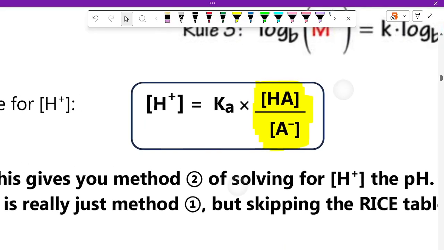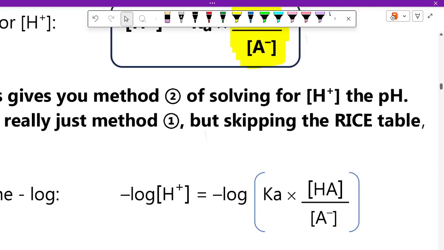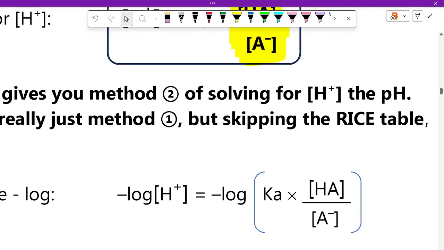Now, if we wanted the pH, we would have to take the negative log of H, and so the negative log of Ka and the negative log of everything. I said that we're showing how you would derive it, but you will not have to derive it.